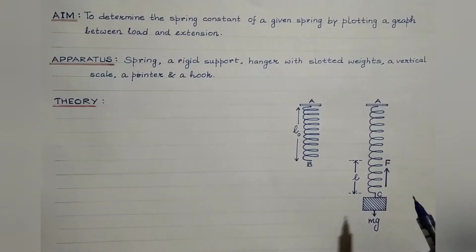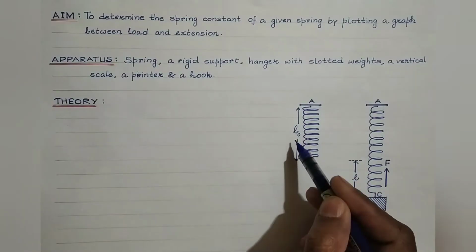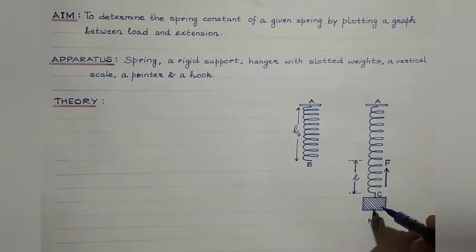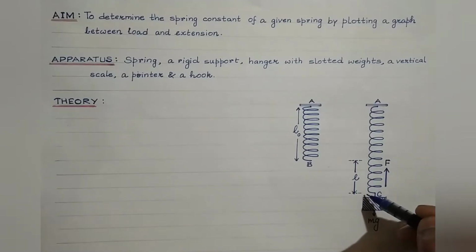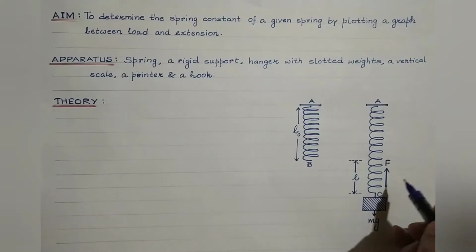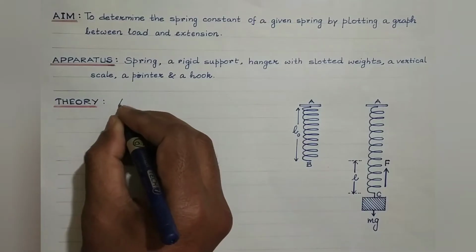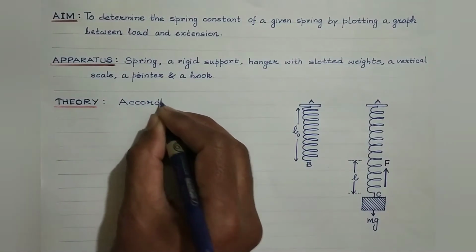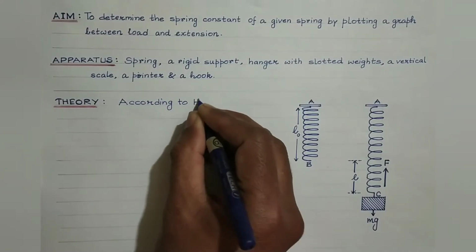Let us consider a spring AB of negligible mass and length L0, suspended from a rigid support. When mass M is attached, the spring will elongate to point C such that the extension BC is equal to L. Now students, on being loaded, the restoring force F will come into play and the spring will try to regain its original length.